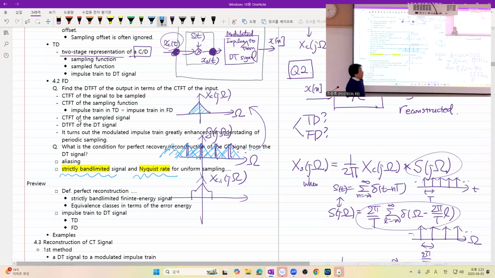Got it? The second condition is that your sampling rate is greater than twice the maximum frequency content. So when you multiply by the sampling function in the time domain, in the frequency domain no overlapping of the replicas occurs. That is the condition, and we will see more about this.